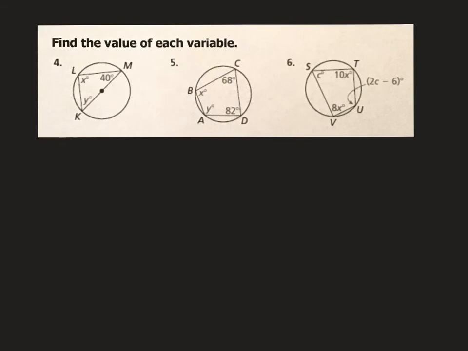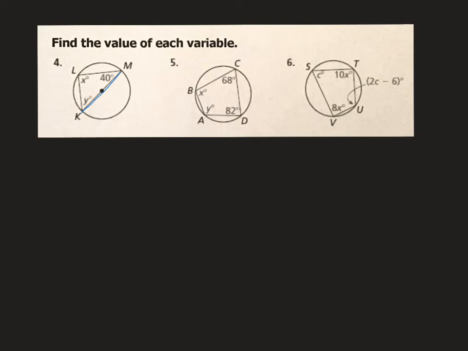Okay, so in these last three, we're just solving for our variables. In number 4, we have a triangle inscribed in our circle. We know that MK is the diameter because it goes through the center, which means that has to be a right triangle.